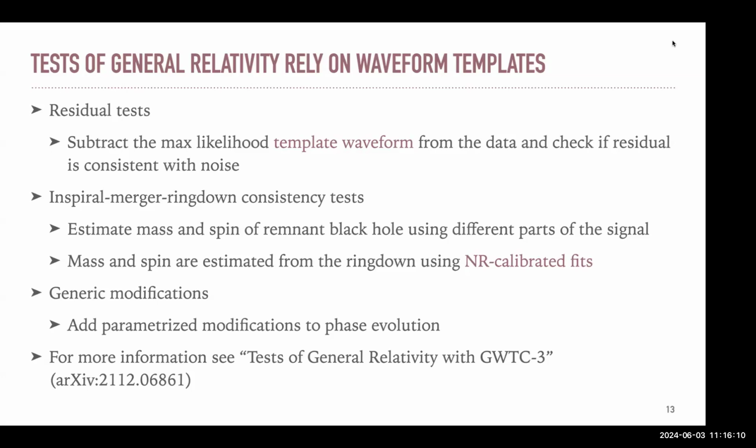But also you can directly measure the ringdown, its decay rate and its frequency, and find out the final mass and spin of the black hole. So if you fit just the inspiral and you fit just the ringdown and you get inconsistent results, then that could also be a sign that maybe something beyond GR is going on.